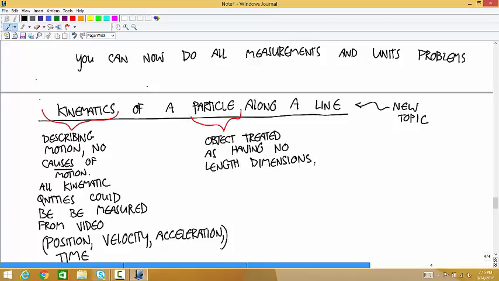And because of that, if something has no length dimensions, there's no way to differentiate between the top and bottom or left and right. And so when you're dealing with particles, you don't care at all about the object's orientation. We only care about its location, not its orientation.